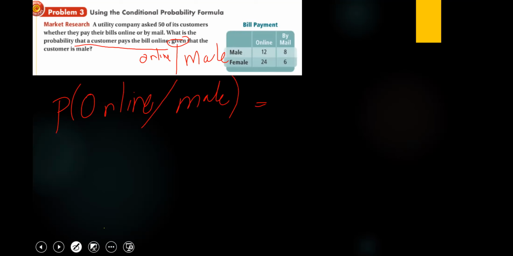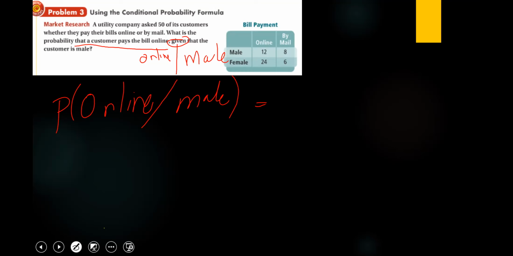As you see now, they found that 12 of the males pay online and females are 24. We have 8 males who pay by mail and 6 females who pay by mail. Now, what is the probability of online, given that they are male?